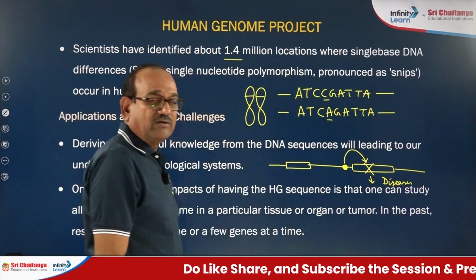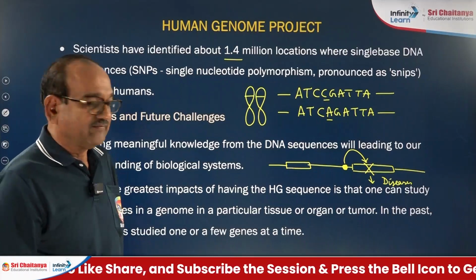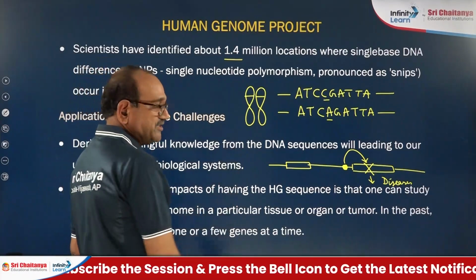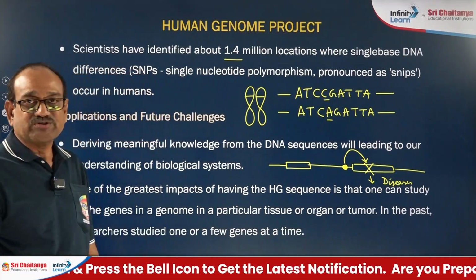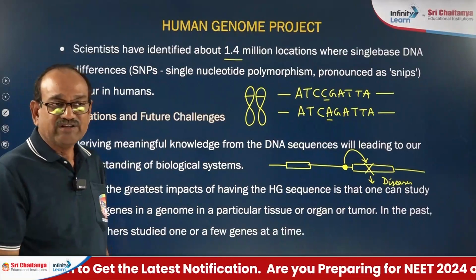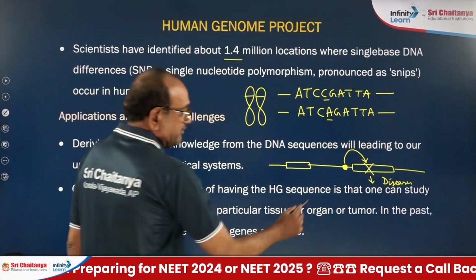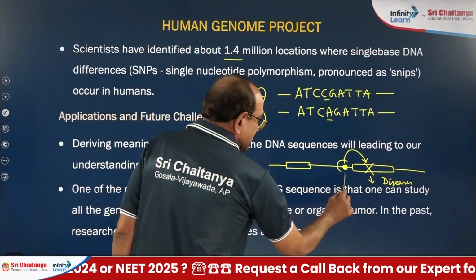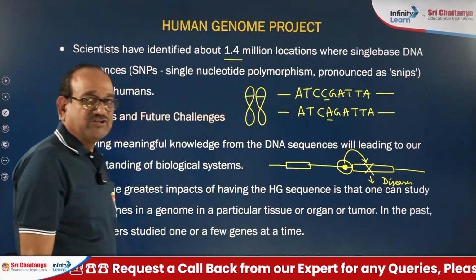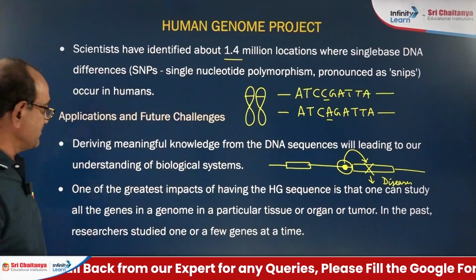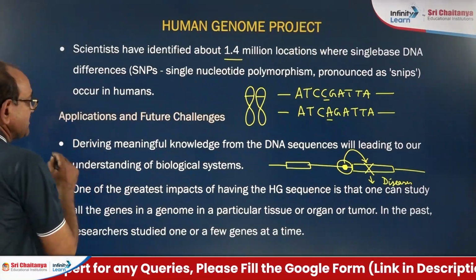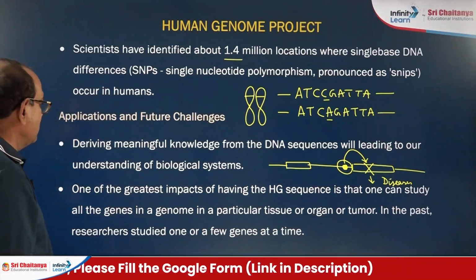This is what you call disease association. The significance of SNPs is to recognize disease association if you observe the family history of certain families, so that by using gene therapy, we can rectify this defect in future. This is the advantage.